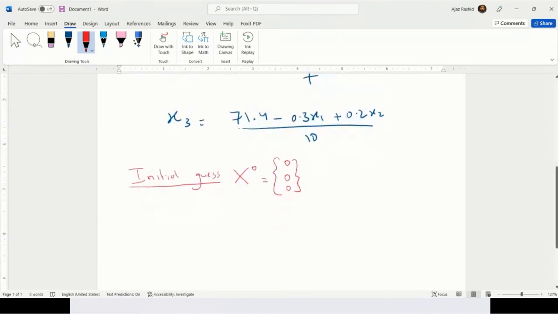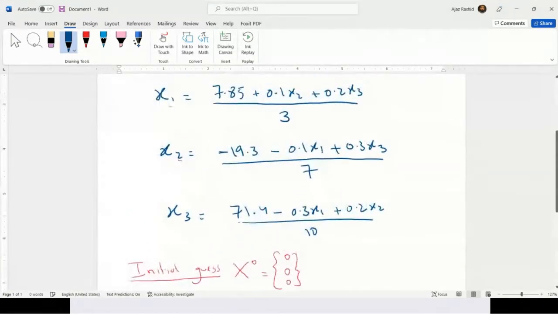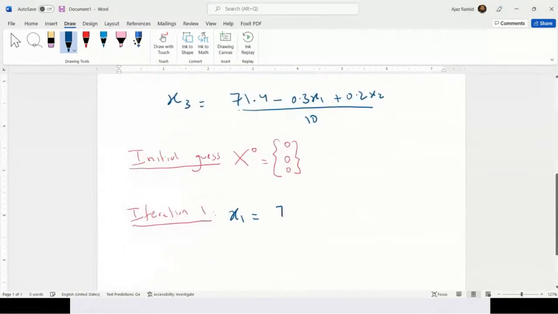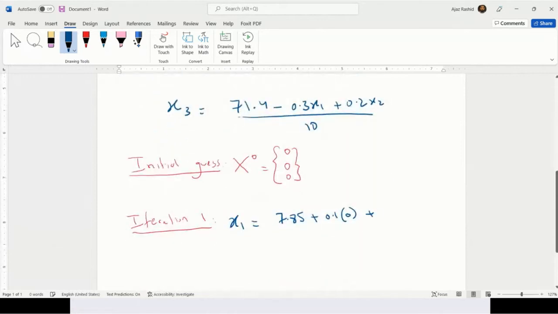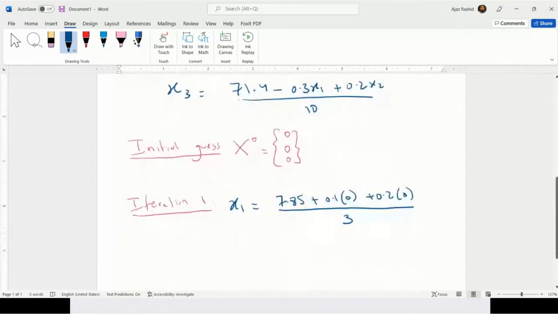Now the first iteration. x1 is equal to, from the equation, 7.85 plus 0.1 into the x2 value, which is 0, plus 0.2 x3, and that is also 0, divided by 3.